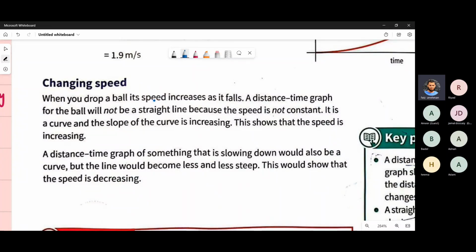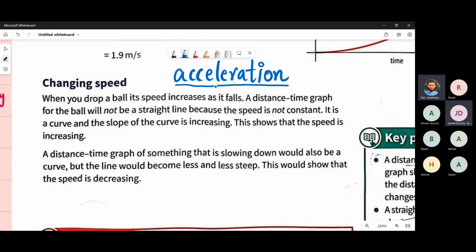Okay, so Jamal, can you explain what is acceleration? Give me just one meaning, I'll be happy. Acceleration is like a constant speed or a steady speed, right?